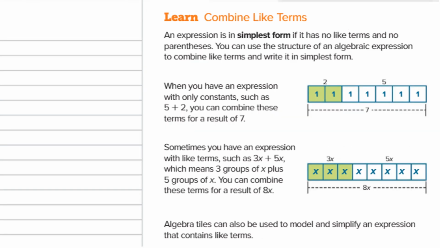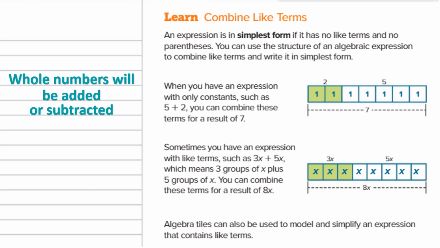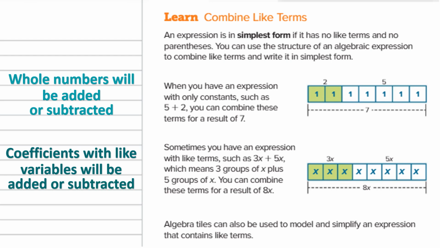So now we look at the idea of combining like terms. We're going to make this as easy as possible. If they are whole numbers, I will add or subtract them, whatever it tells me to do. If they are coefficients that have the same variable, so they have the same letter, and that letter has the same power to it, so if they're cubed, then all of them are cubed, I will add or subtract them together.